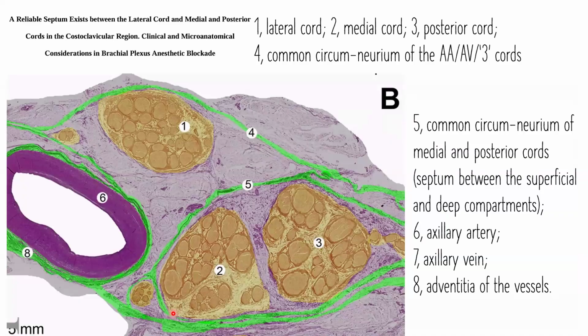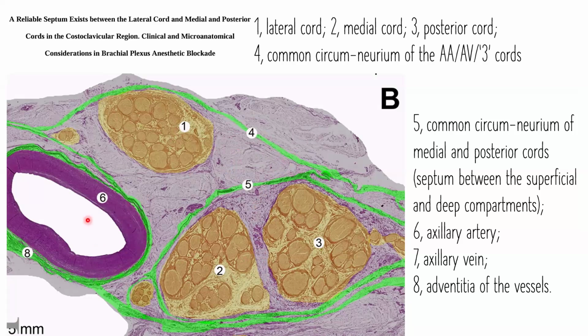Now, the terminology circumneurium. You can see that this green structure, which goes around the cords, around all the three cords and around the vessels, is the circumneurium. And there's another circumneurium which is going between the lateral cord and the posterior cord, but there is no circumneurium which is going along this area.